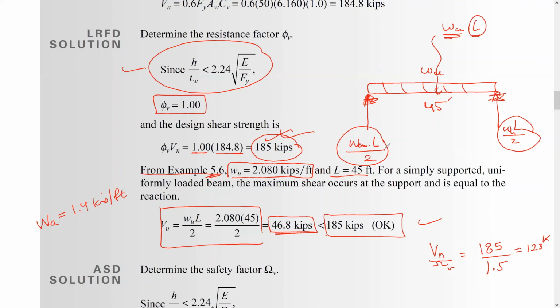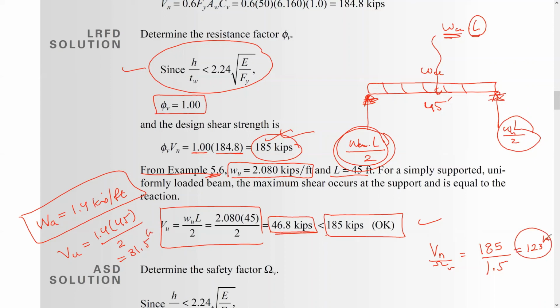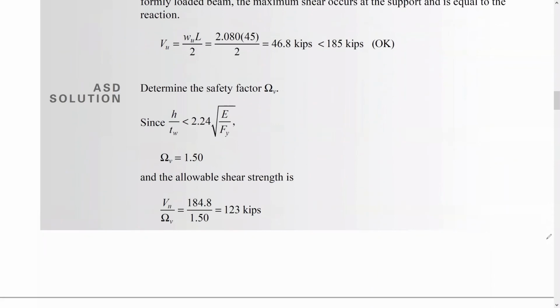Using the same formula here, depending on the ASD method or LRFD method, we get the applied maximum shear equal to 1.4 times 45 divided by 2, which is 31.5 kips, which is way less than this value here, which is 123. So the applied shear in both cases is much less than the capacity of this beam. So the beam is okay.